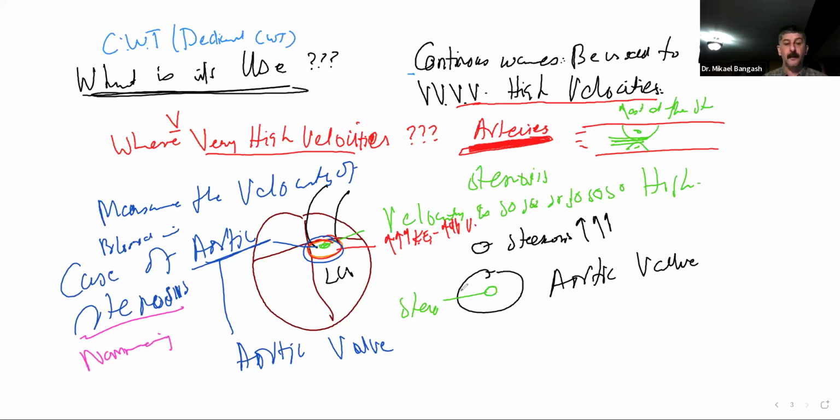So when the aortic valve doesn't open fully up to let the blood be pushed freely by the ventricles into the aorta, that is what you would call an aortic stenosis. Clear? Okay.